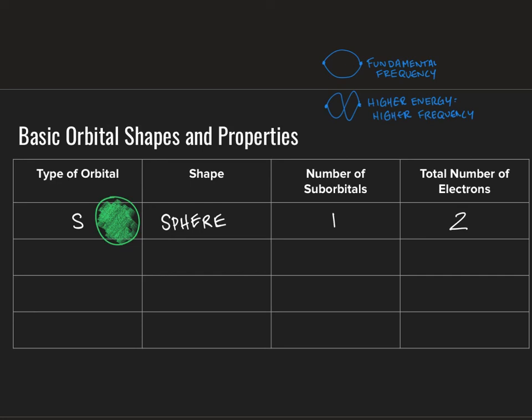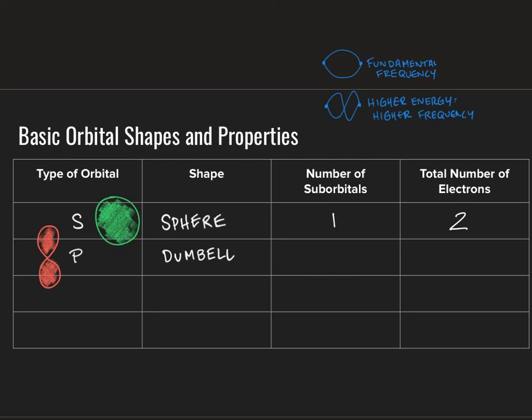Moving on from s orbitals, we can now move to a higher energy orbital, which is referred to as a p orbital. And that p orbital takes on the shape of a dumbbell. Now again, this is not an electron shaped like a dumbbell. It's that the region in space where we are likely to find an electron, based upon the probability distribution described by the solution to the Schrödinger wave equation at that energy, yields a region in space shaped like a three-dimensional dumbbell.